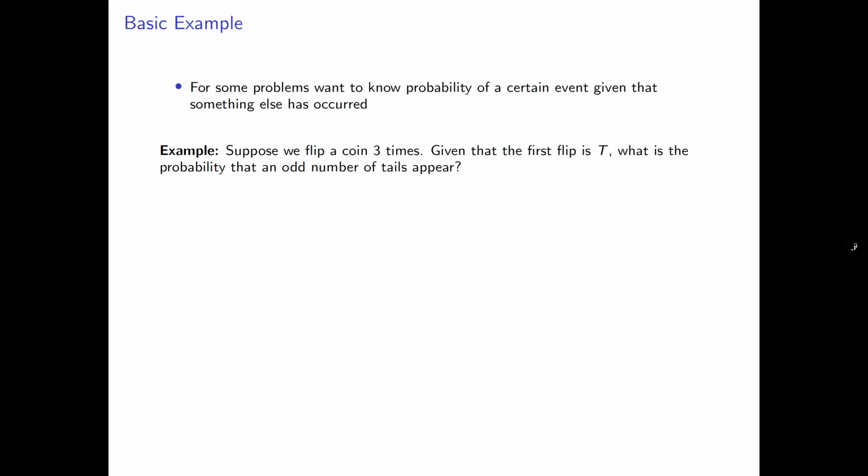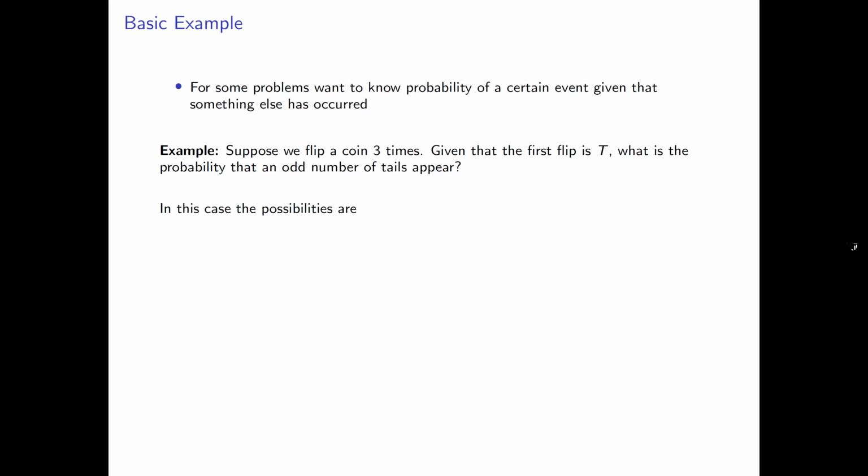Let's suppose we know that the first flip is a tails, and we want to calculate, given that information, the probability that we flip an odd number of tails.